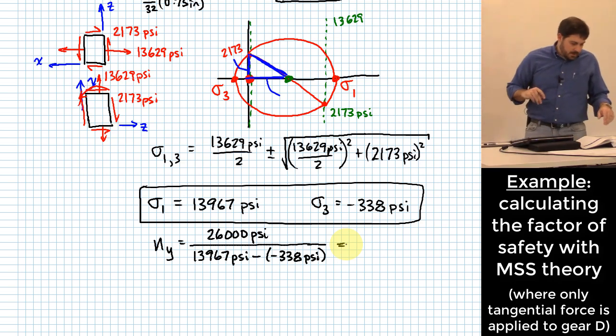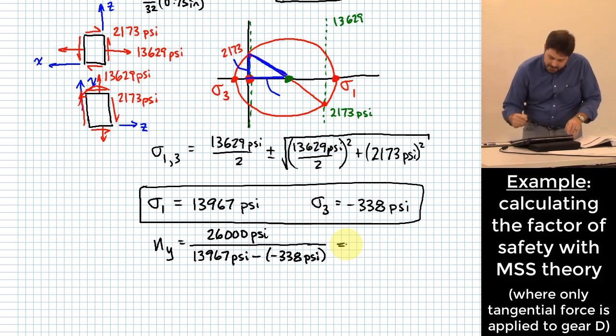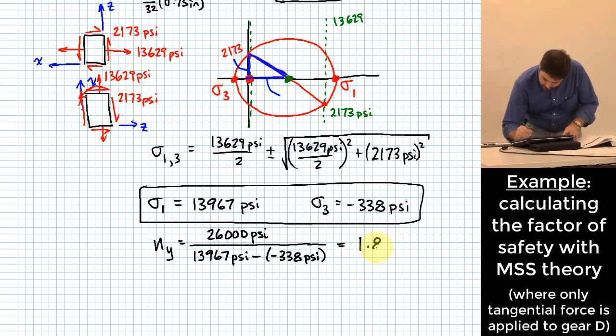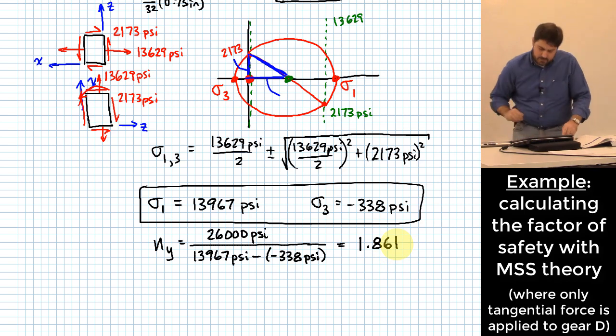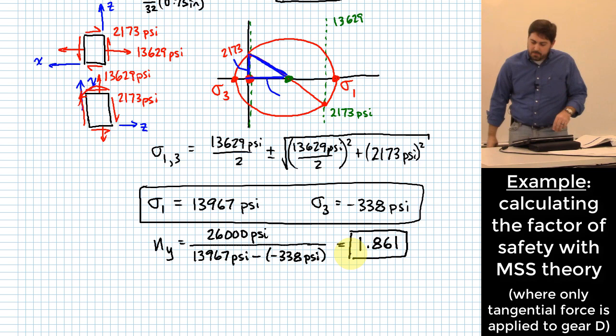Okay, and this will give me a factor of safety of 1.861 for that problem.